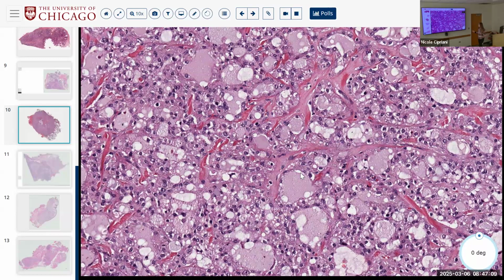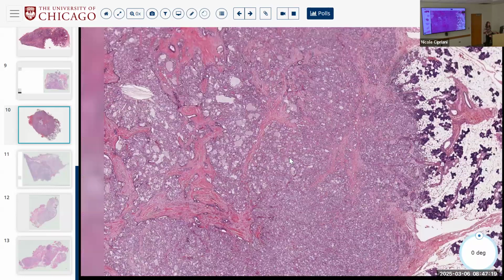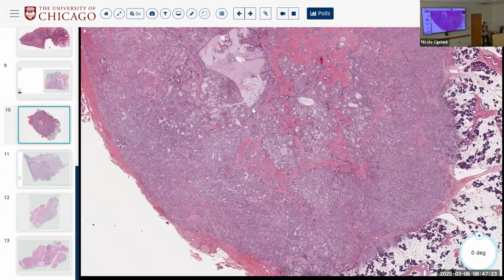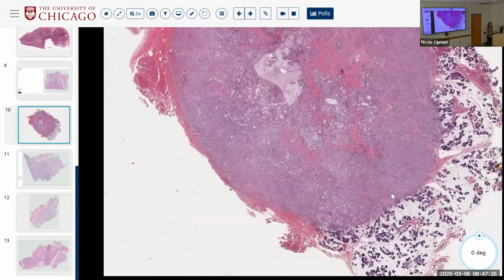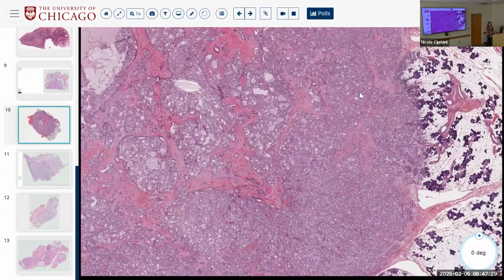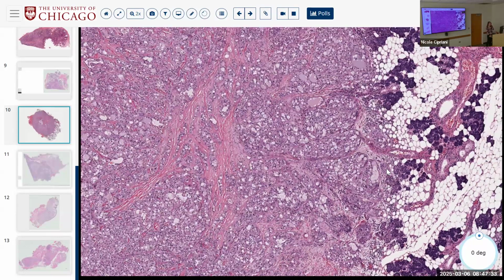Secretory carcinoma, right? When you get a good example, you can make the diagnosis on H&E. So per our question of do you need molecular to prove it, not always. This is a classic example of secretory carcinoma that is pretty well circumscribed because it's low grade, although it does have a blurry border with infiltration into adjacent tissue, so you can tell that it's malignant.